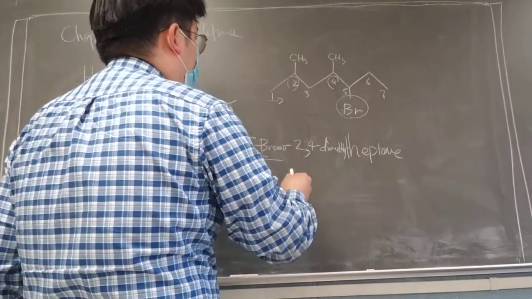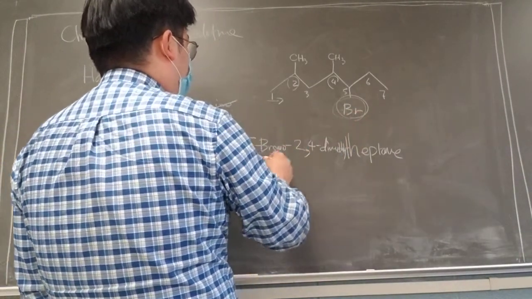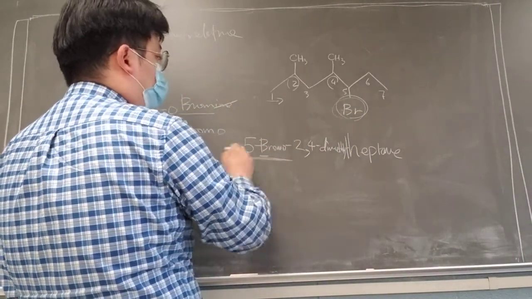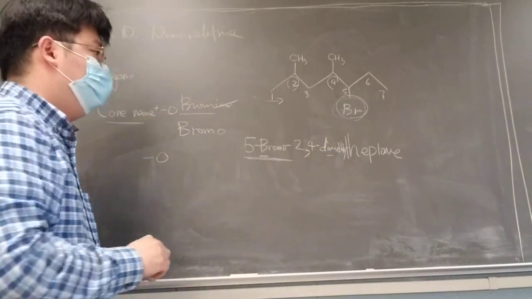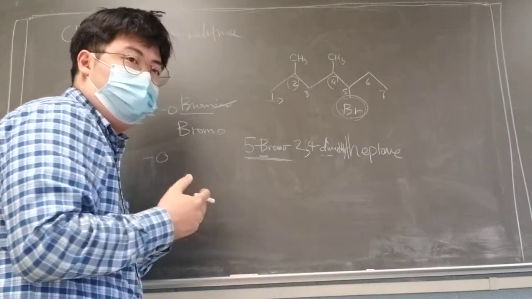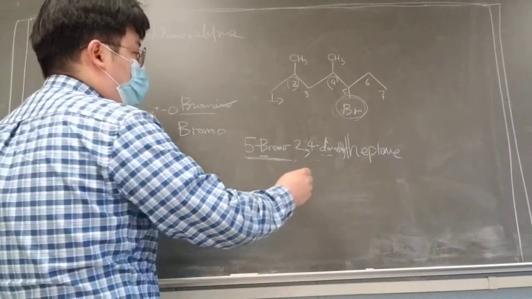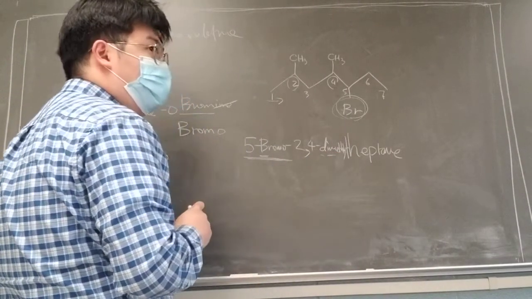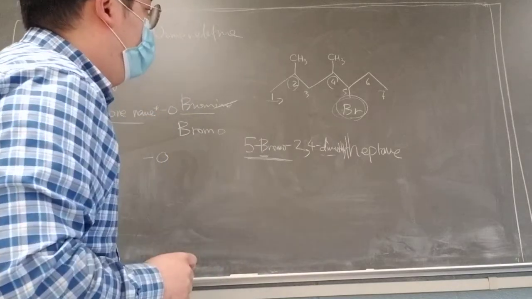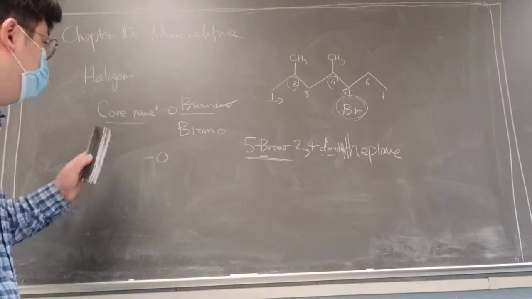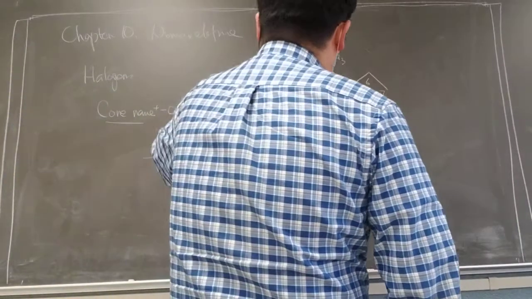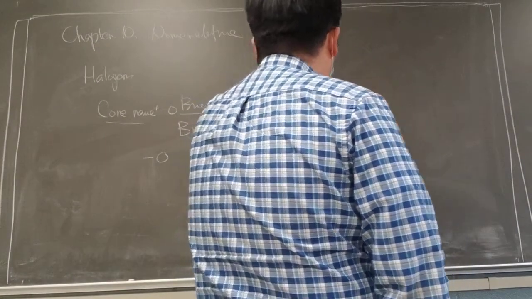That is why, even though this is number 5, I put the bromo first, because B comes first, then M. Once again, you don't have to think about the di or tri in alphabetical order, but the actual substituting group is methyl, which is M. So we're going to write it this way. Makes sense, right? Good.